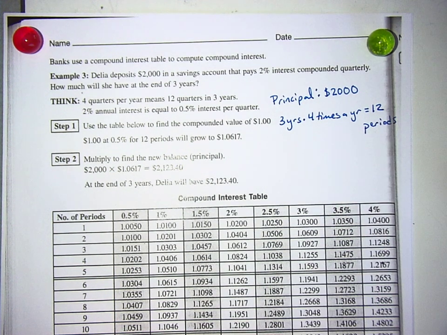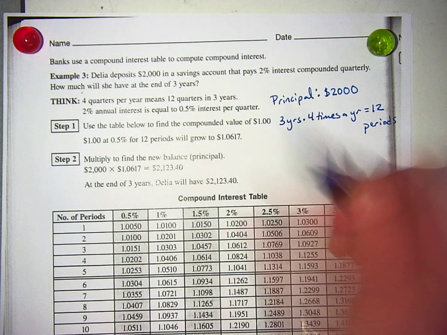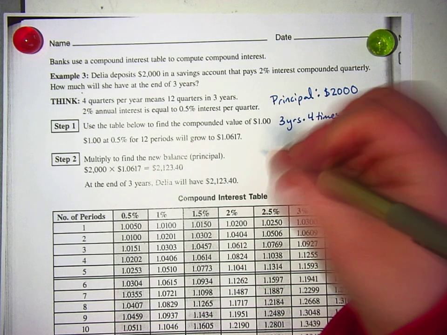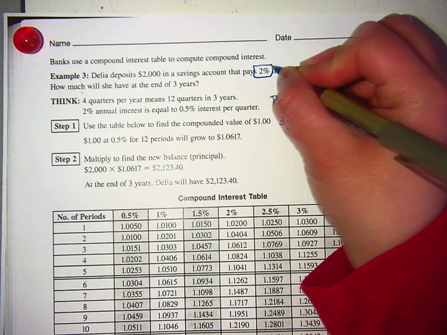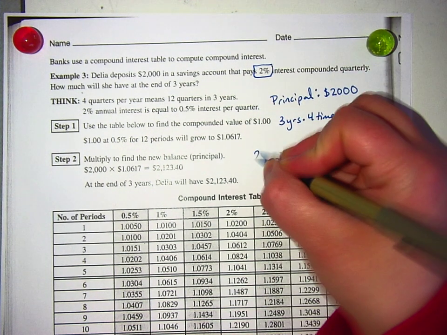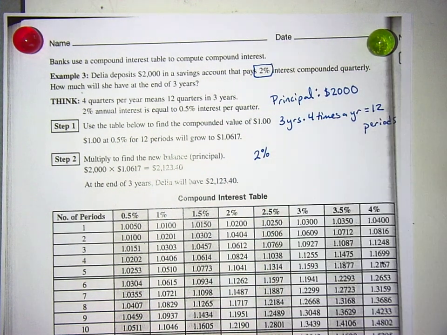Okay. Now, you have to also take the interest and divide it by however many periods that is. So do you see how she's getting 2% interest? And you said it's 2% for 1 year, so how much would it be for each quarter? 0.5.